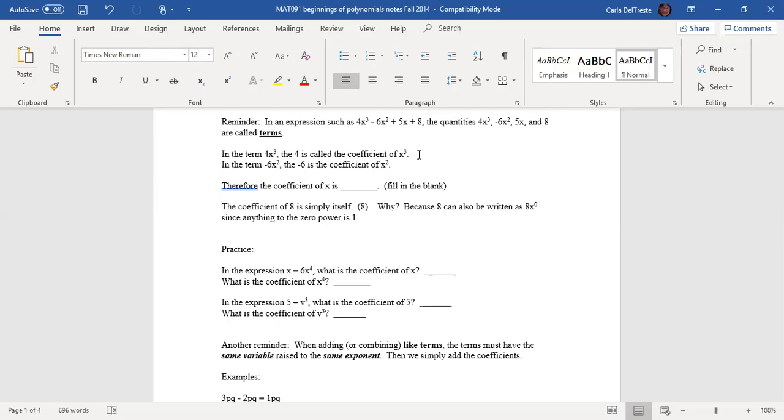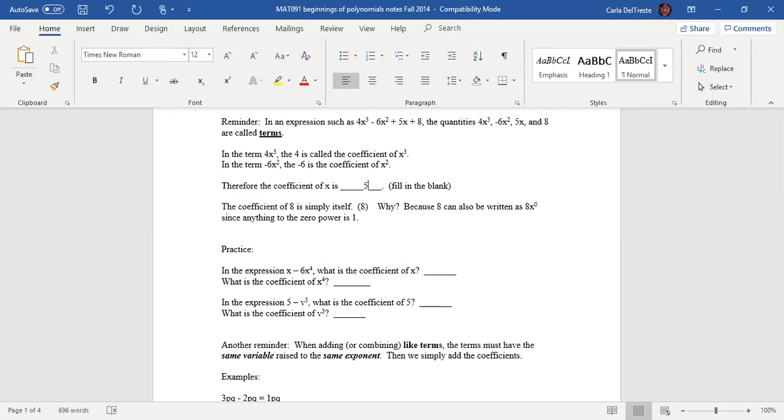Therefore, the coefficient on x is, well, what's the number in front of the x term? If I look up here, the x term is 5x, and so 5 is the coefficient. The coefficient on 8 is itself. So the coefficient on a constant term is itself.